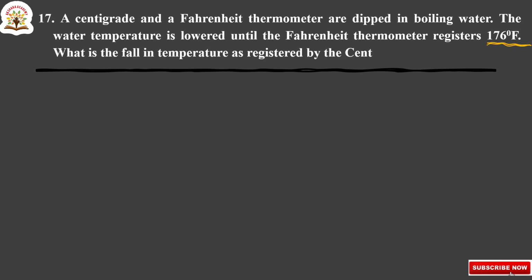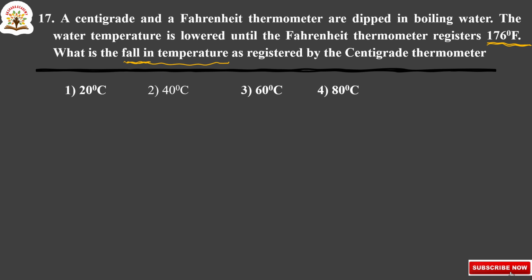What is the fall in temperature as registered by the centigrade thermometer? Okay, here they have given four options: 20 degree centigrade, 40 degree centigrade, 60 degree centigrade, and the last one is 80 degree centigrade. Here we have to calculate the fall in temperature by the centigrade thermometer.